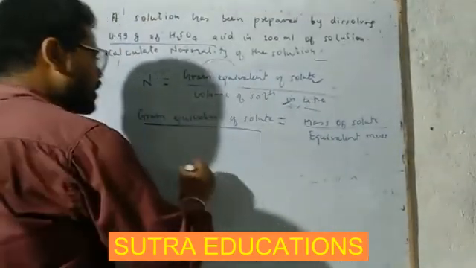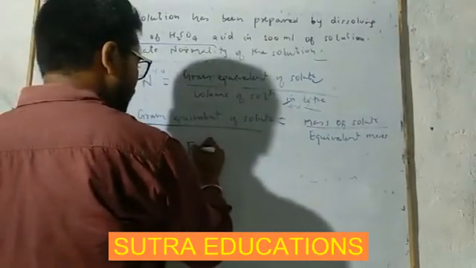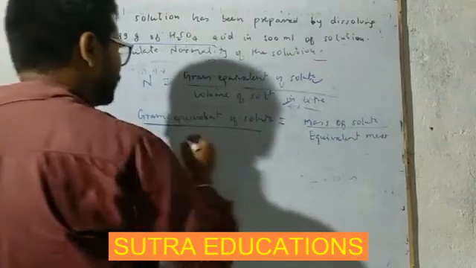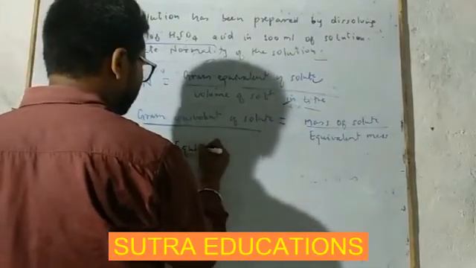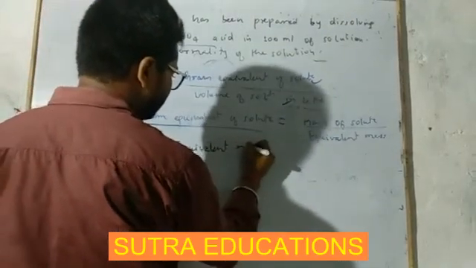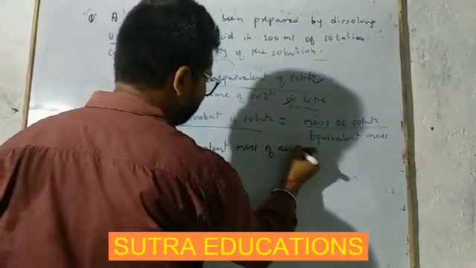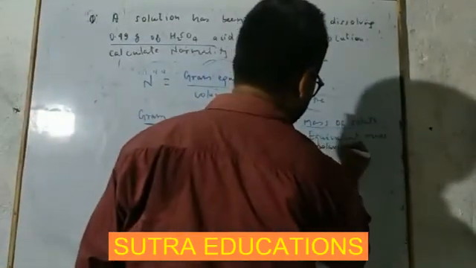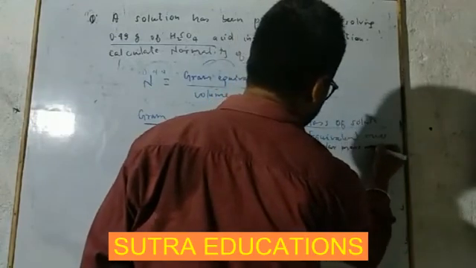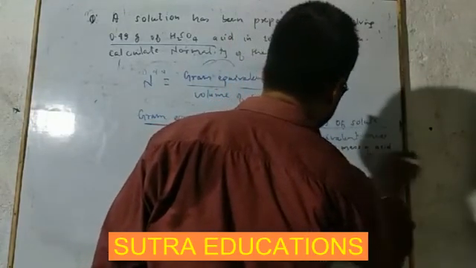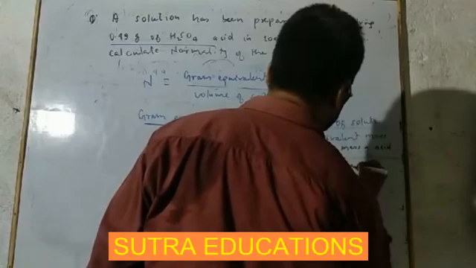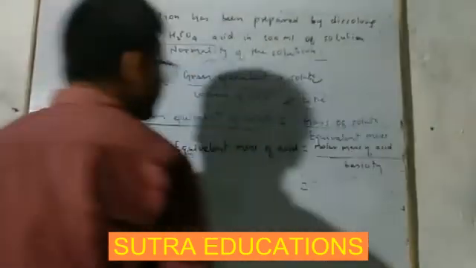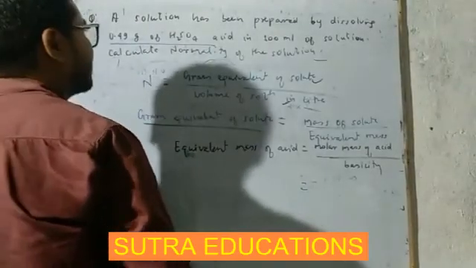And I told you the equivalent mass of an acid is equal to the molar mass of the acid divided by its basicity. So this time we have to calculate the equivalent mass of H2SO4.